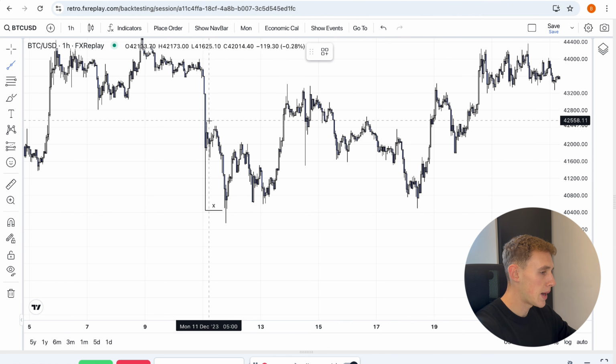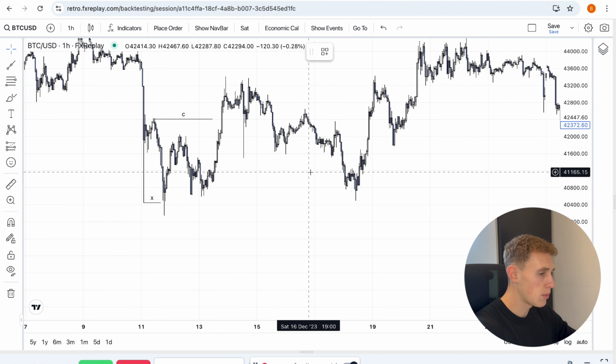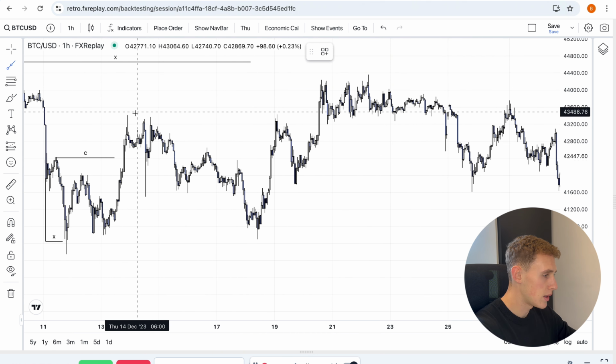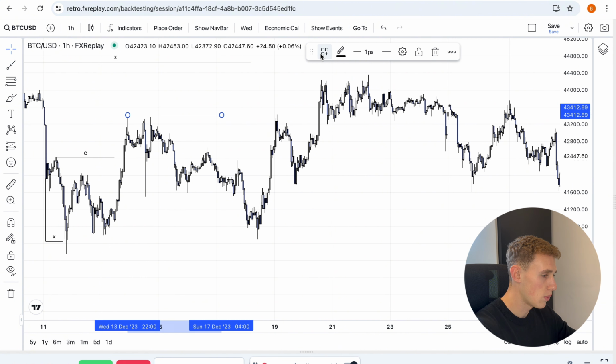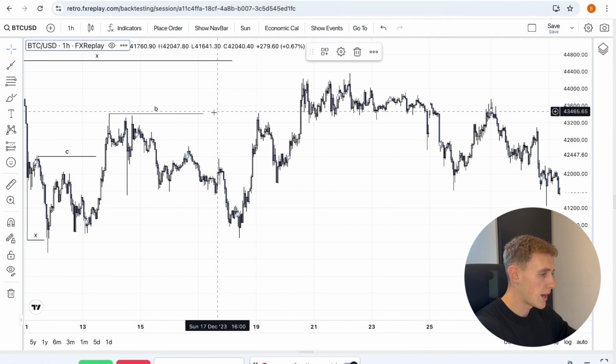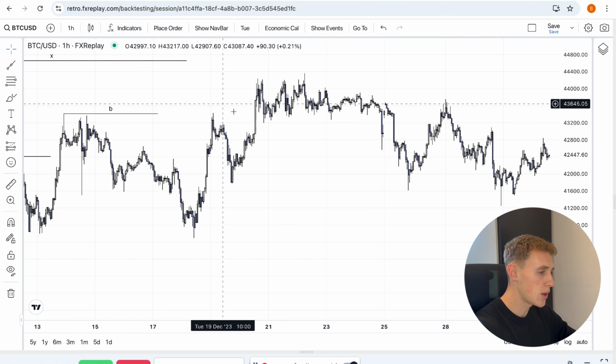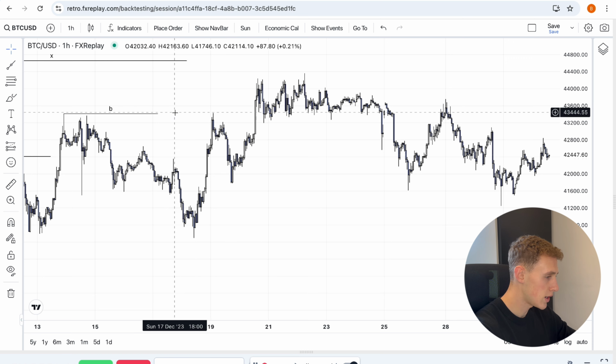Price then flipped back bullish on the 1 hour, just there. We had this sort of pullback. Price then broke this structure once again. This one did not break that high to the left, so this is not a main structure point. This would just be sort of an internal structure.